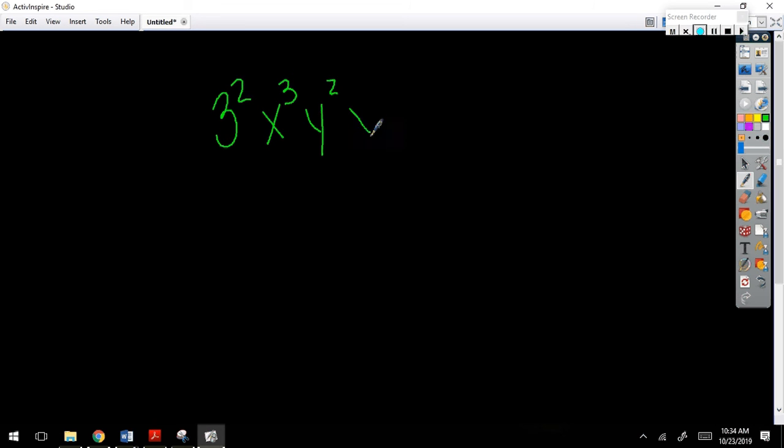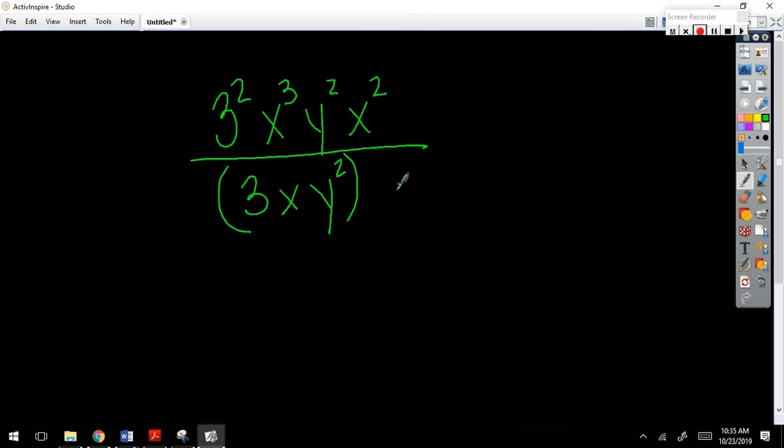Just to show you one that combines the first two properties, what if I had... it's got both of them in here.